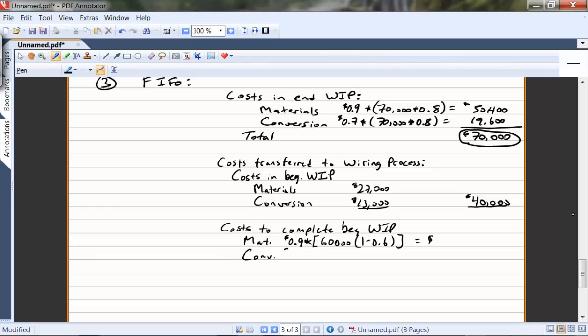And then for conversion, it's 0.7 times 60,000 times 1 minus, each of those units was 30% done with respect to conversion. So we get these two numbers here, 21,600 and 29,400. And the sum is 51,000.